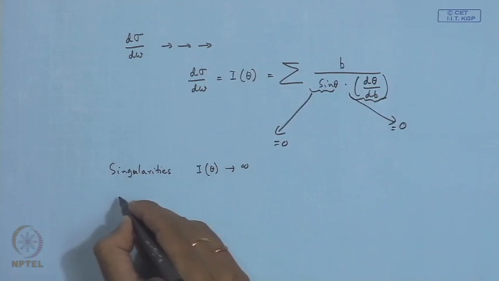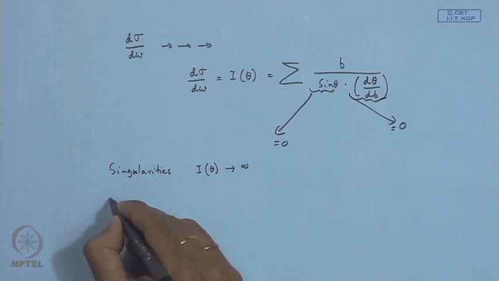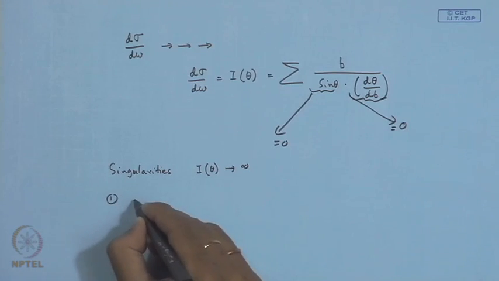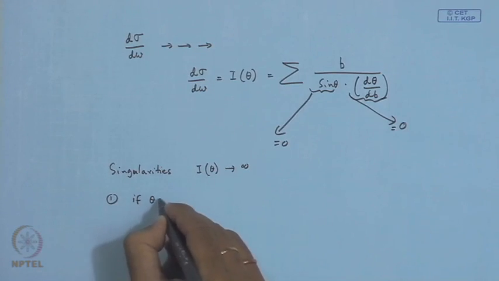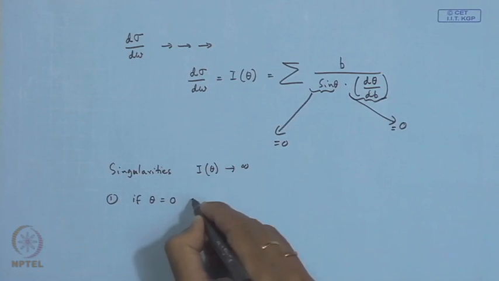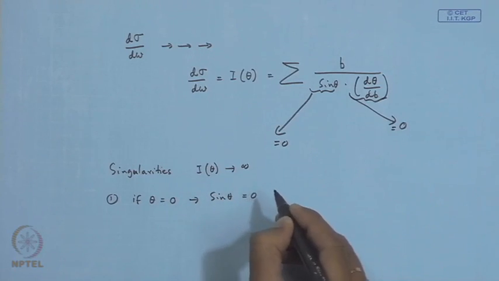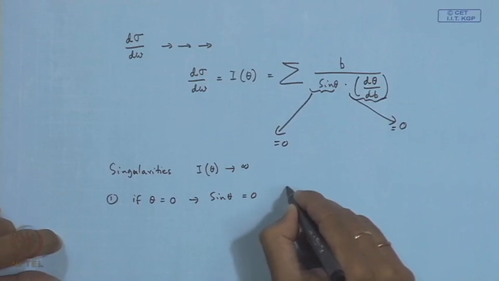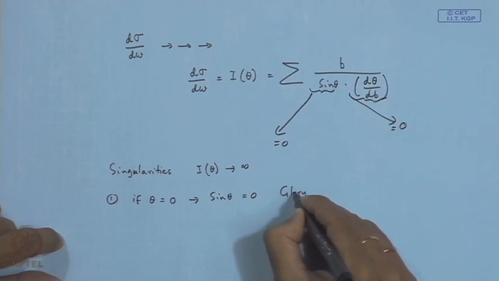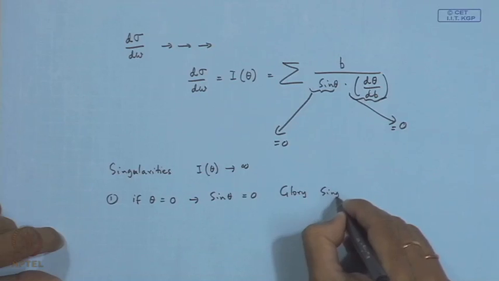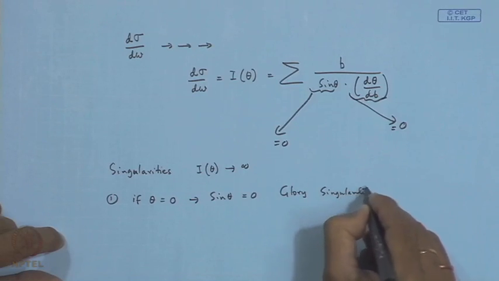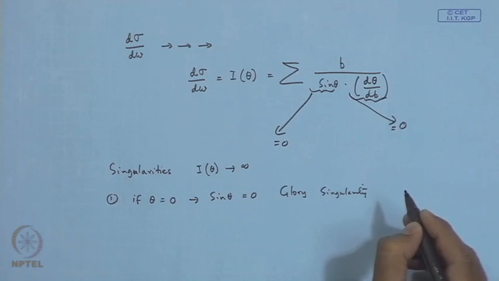Case 1, if theta is equal to 0, means sin theta is equal to 0, which is called the glory singularity.